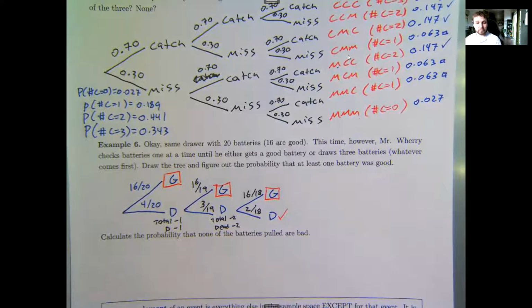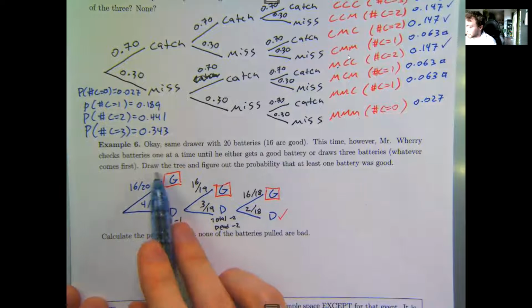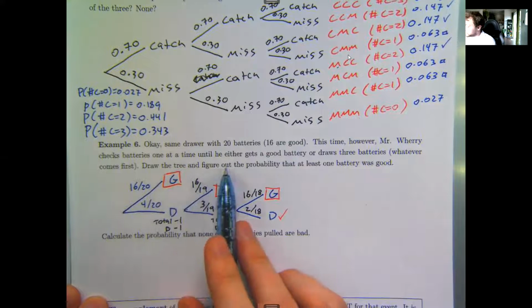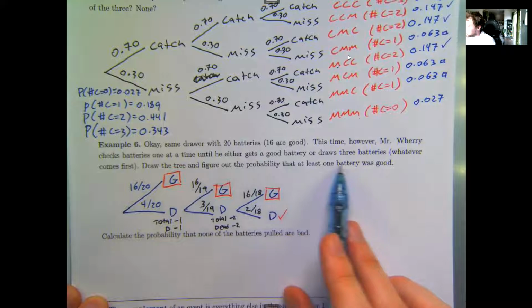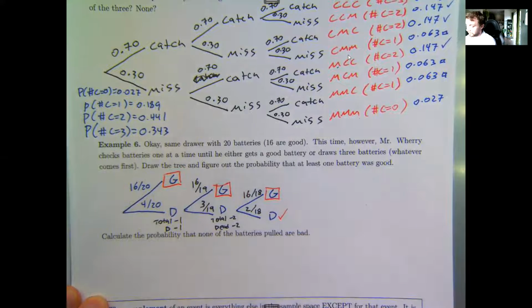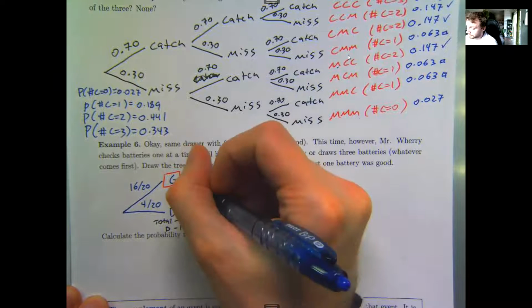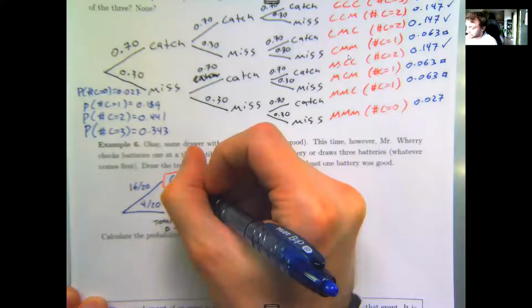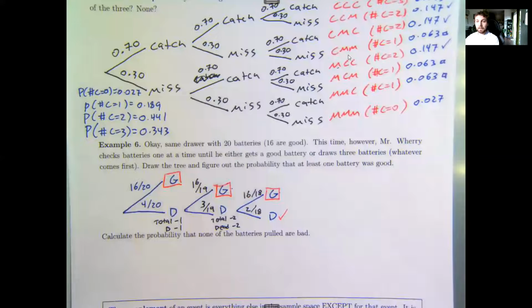So this is what the tree looks like when it's done. Let's use it to answer a question. Draw a tree, done. Find the probability that at least one battery was good. Well, I have all the spots in my tree here boxed where I have at least one good battery.